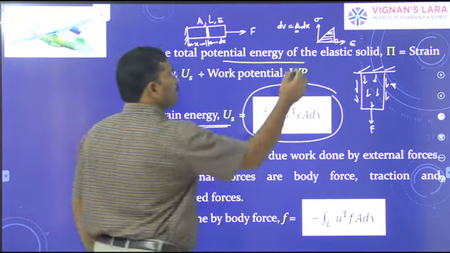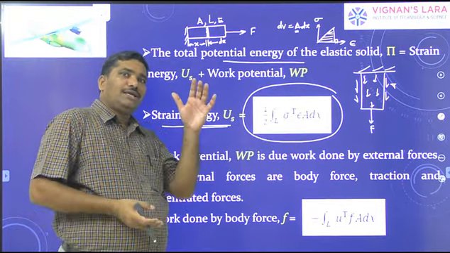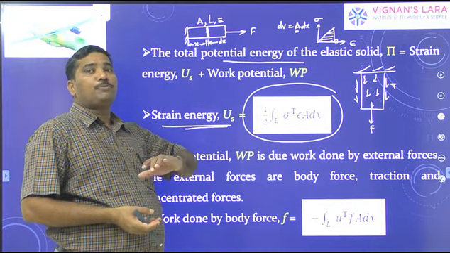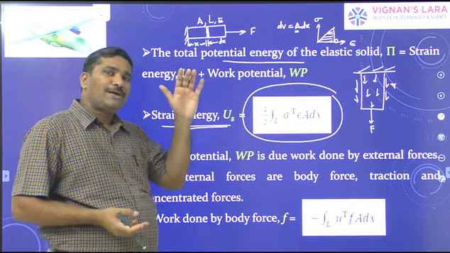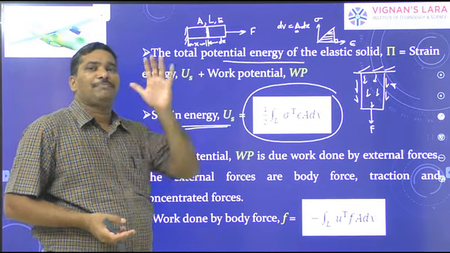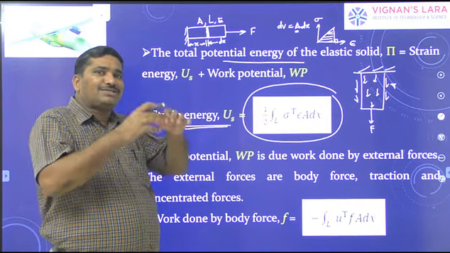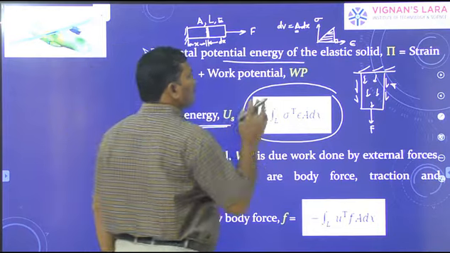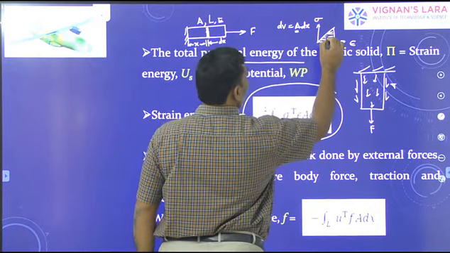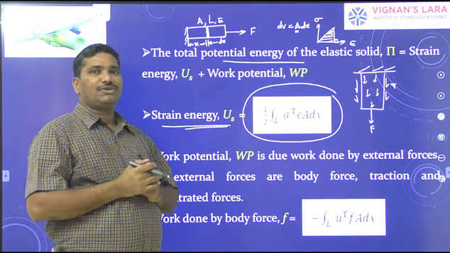I am taking up to the proportional limit, because when you load the elastic solid up to the proportional limit, after removing the force, it comes back to its original shape. Hence I can say it is in the state of elasticity. Therefore, within the state of elasticity, I determine the strain energy of the elastic solid.